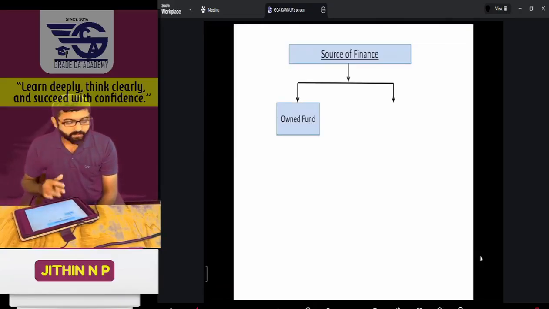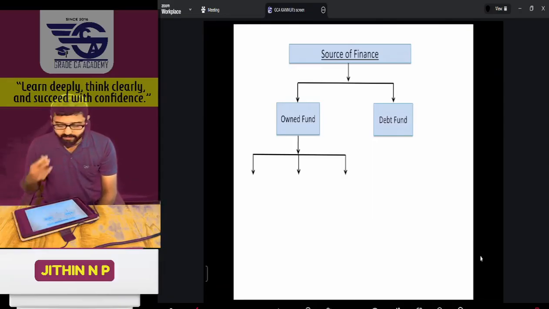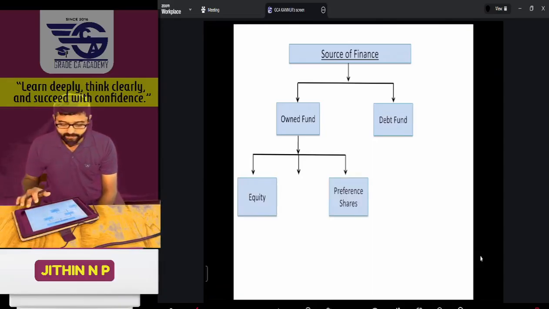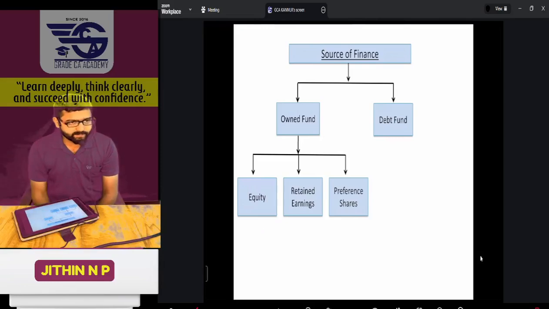Source of finance: bond fund, debt fund. The fund we again classify as equity shares, preference shares, and retained earnings. What is retained earnings?